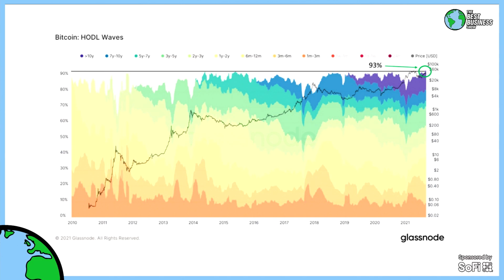You see that in short-term holder supply and long-term holder supply, but also here in the HODL waves. As we head into the bear market, the longer-term guys take up a larger portion of supply, and moving into the bull run, the shorter-term guys take up a larger portion of supply, right? And so right now, over 93% of supply hasn't moved in at least a month, which is an all-time high.